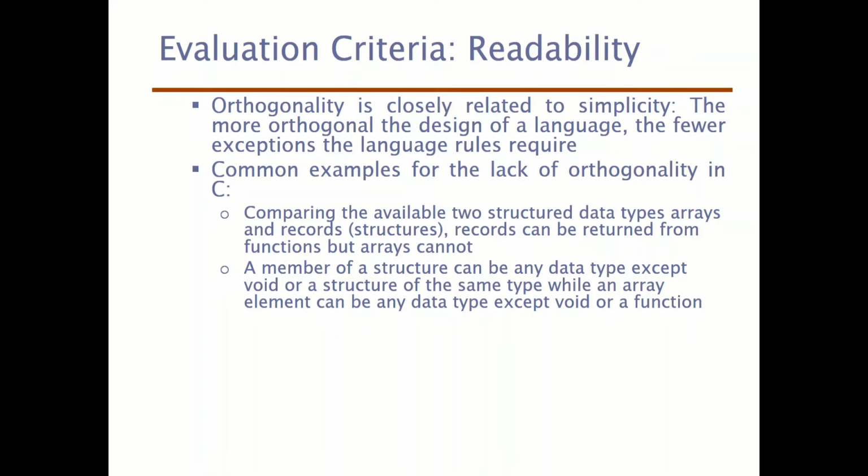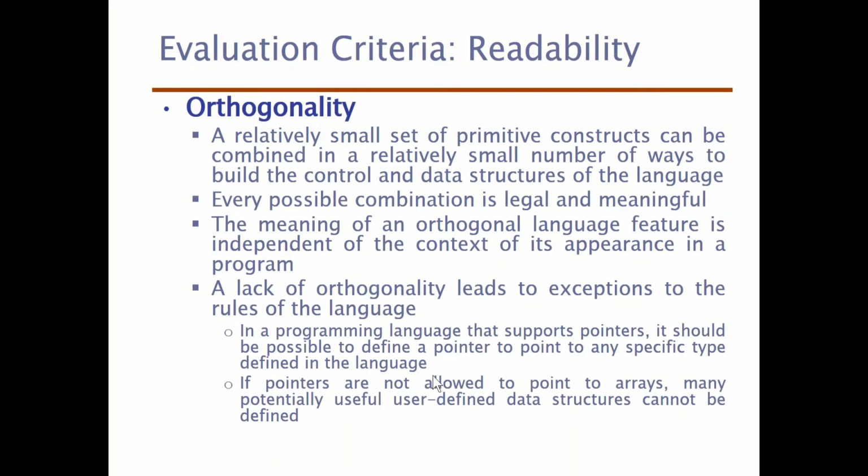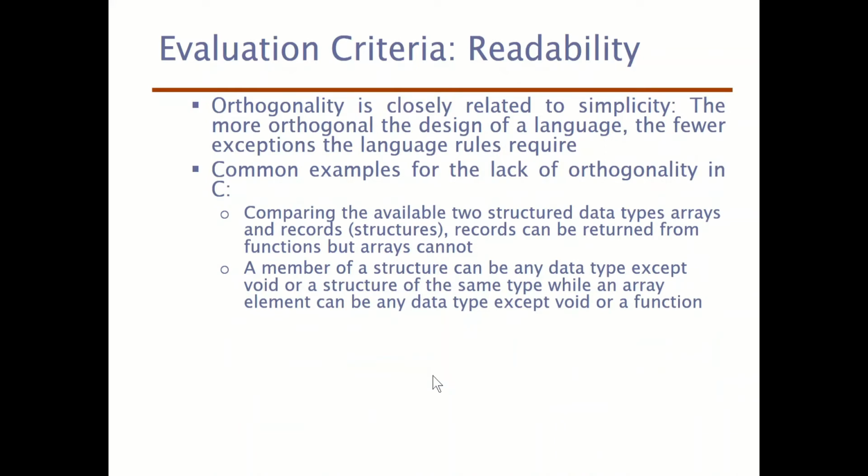Usually when we have less exceptions, it's more orthogonal, and it allows us to have a more clear view of the written text. Actually, orthogonality in this sense can be found in many languages more than others.